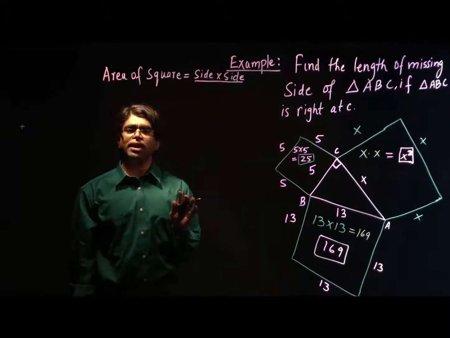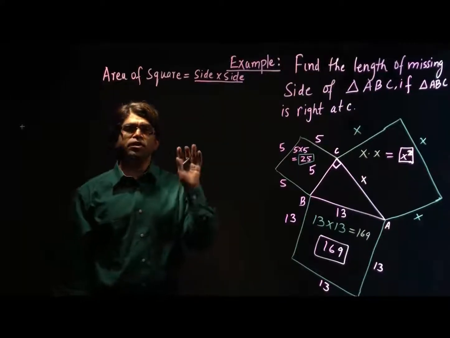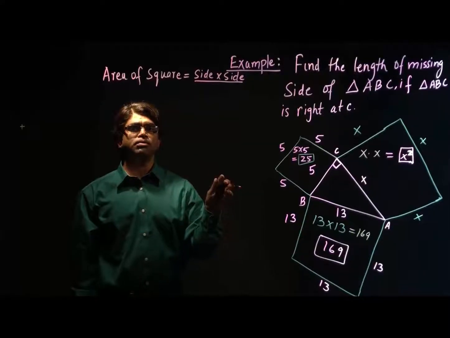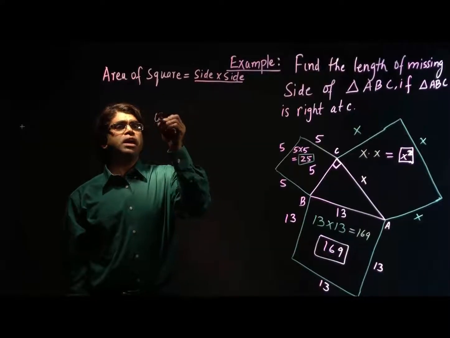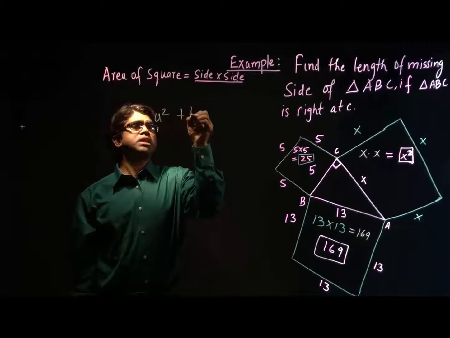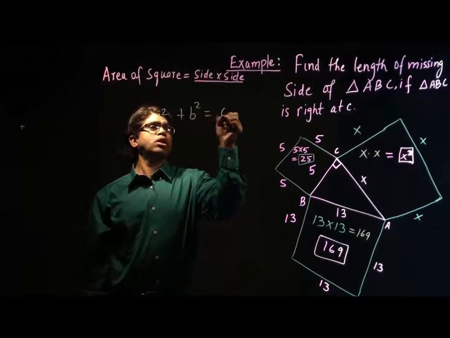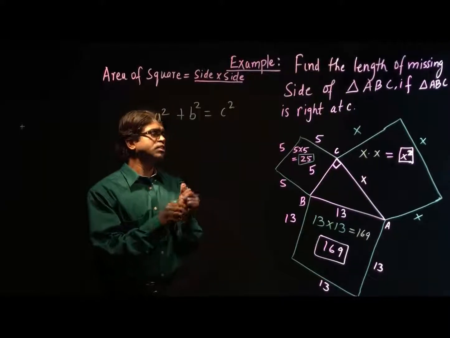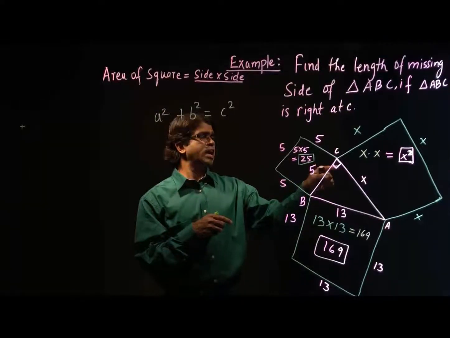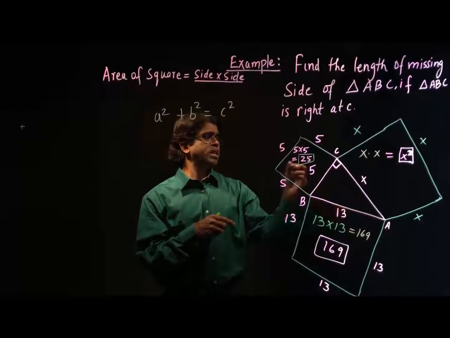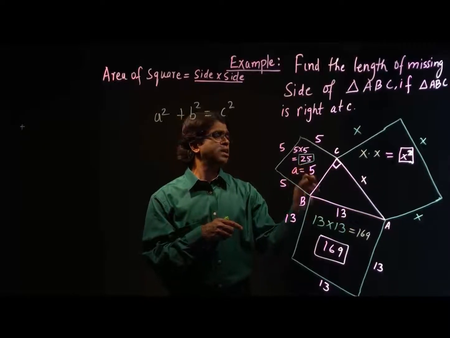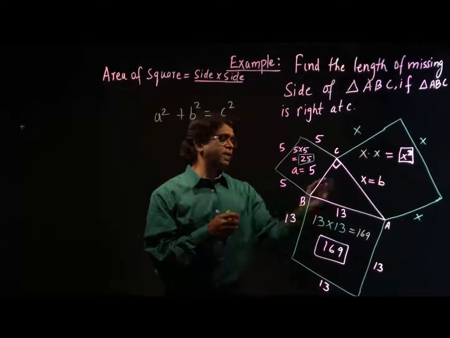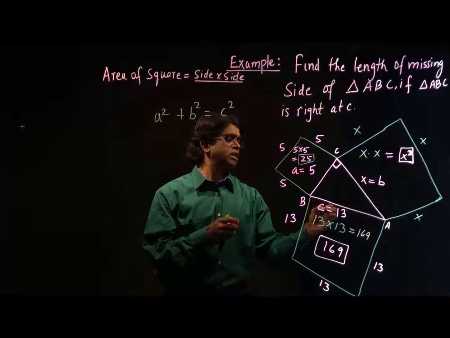Now let's talk about the Pythagorean theorem. If you remember, if a triangle is a right triangle, then according to the Pythagorean theorem, a squared plus b squared is equal to c squared. The side opposite to a is my a, the side opposite to b is my b, and the side opposite to c is my c.